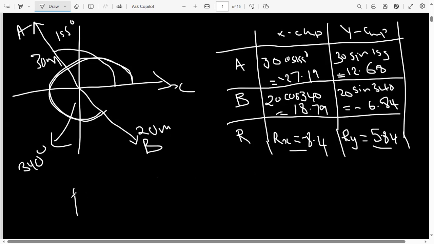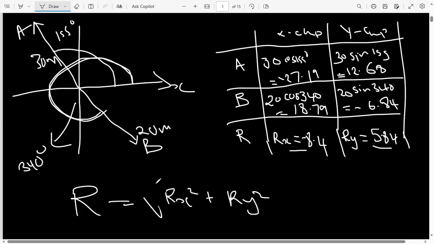Okay, so now how are we going to find the magnitude? So remember, the magnitude is just equals to Rx squared plus Ry squared, and then we take the square root. Okay, and then the direction. I have a question. Yes. On the x components here, when you did negative 27.19, you added with the 18.79, right? Yes.